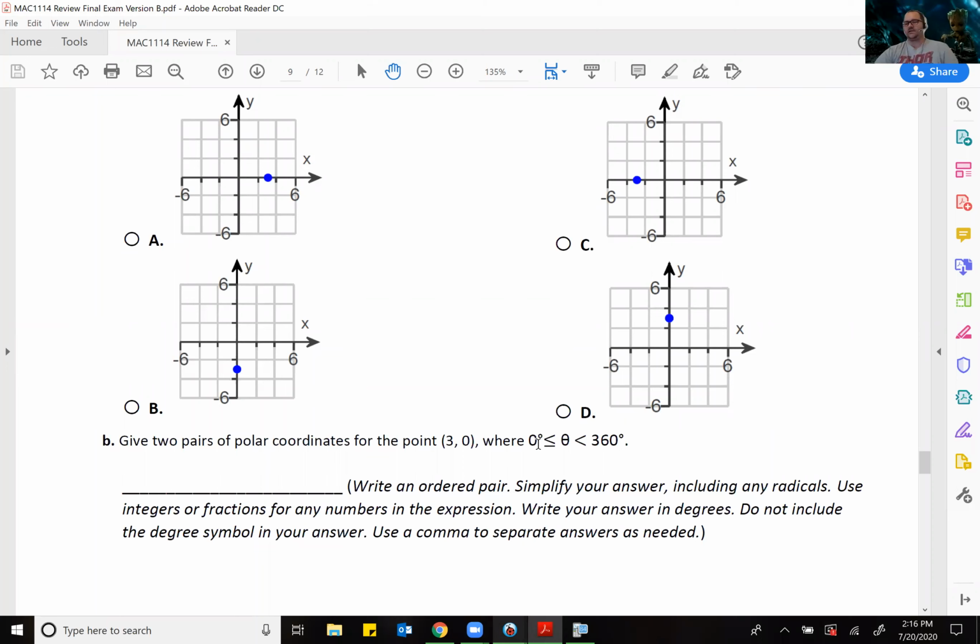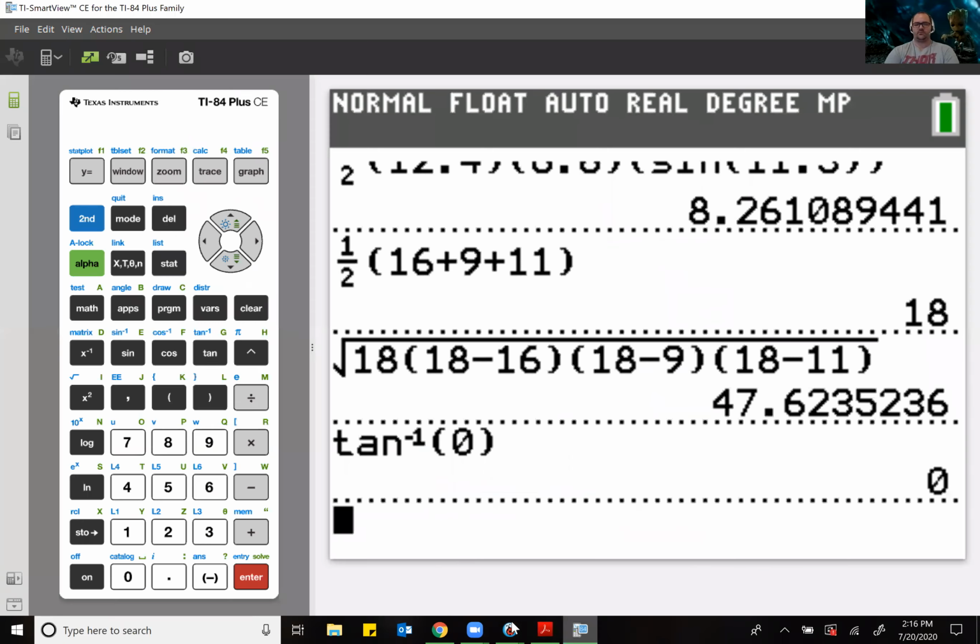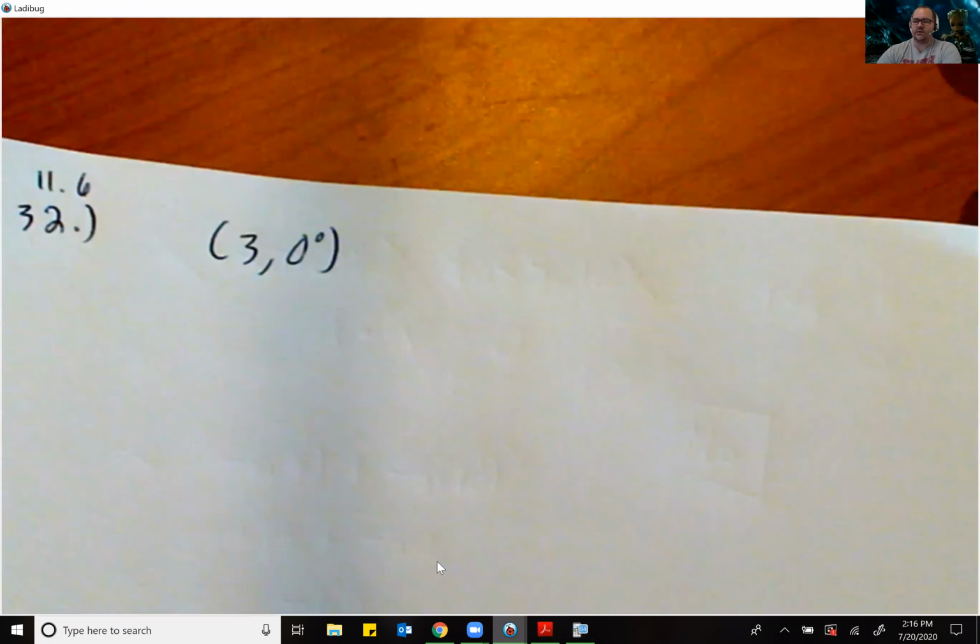Another one we can use, because remember, in order to generate other ones, so we're on number 32, still 11.6. So our main polar coordinate point looks like this. This is our main guy.